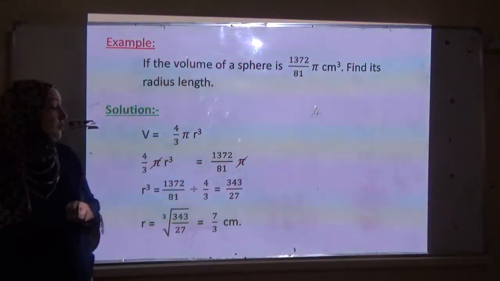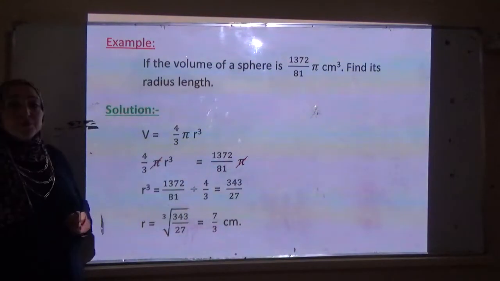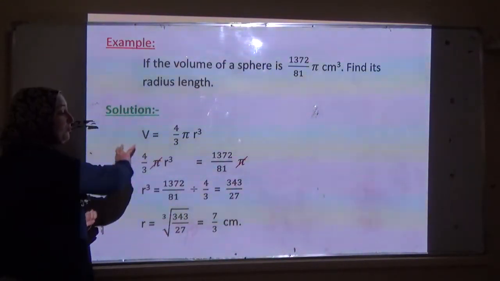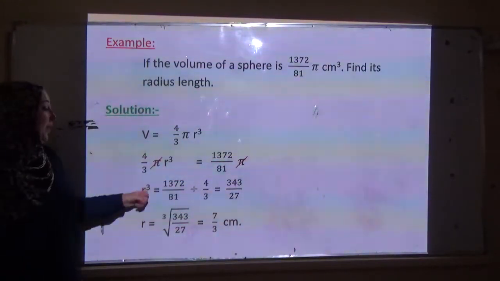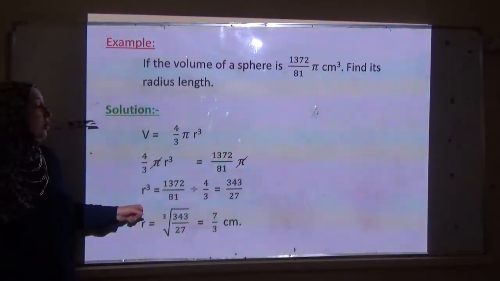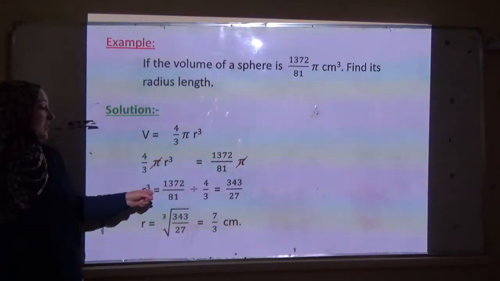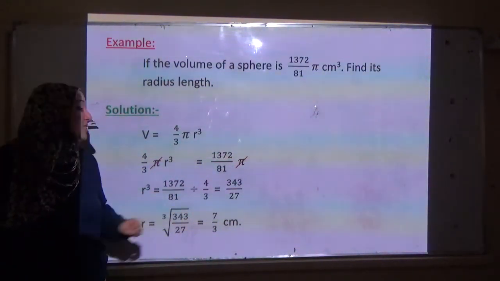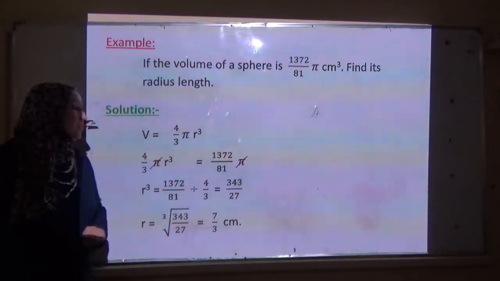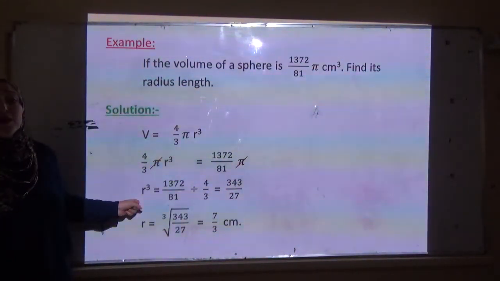1372 over 81. I need r^3, so I will move 4 over 3 to the other side by dividing. Then r^3 equals 1372 over 81 divided by 4 over 3, which is 343 over 27. This is r^3.